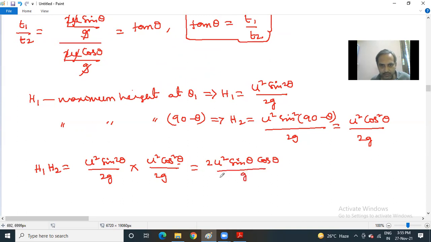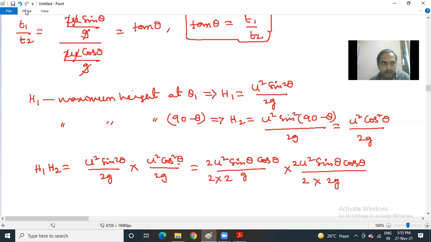So there is 2 here, so 2 multiplied means you have to divide by 2 here. Then u square, one more sin theta will come here, and cos theta also comes. If you want to make this as range, again you divide with 2 and multiply, so there is 2g again.